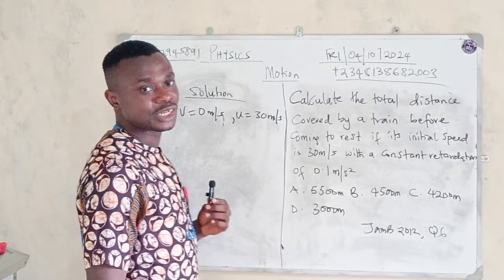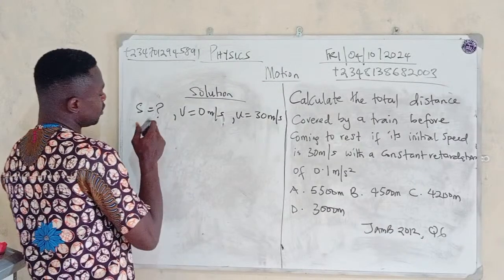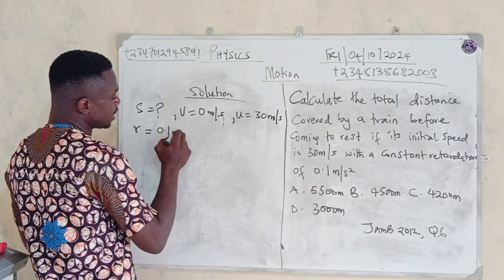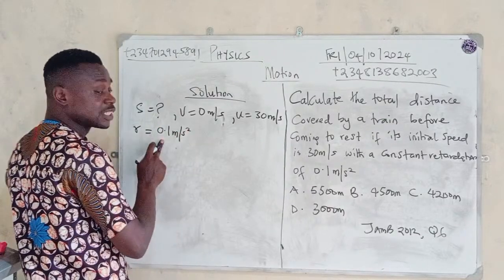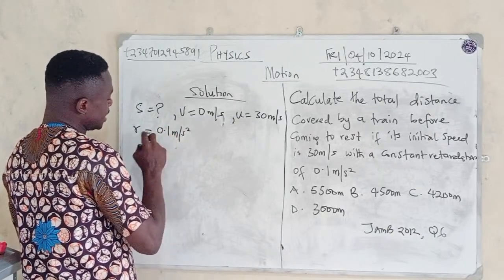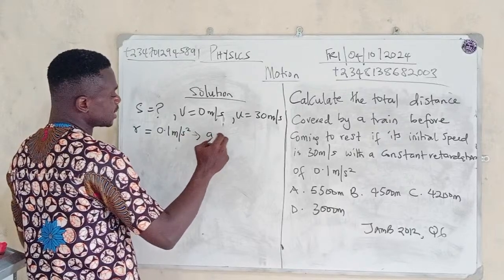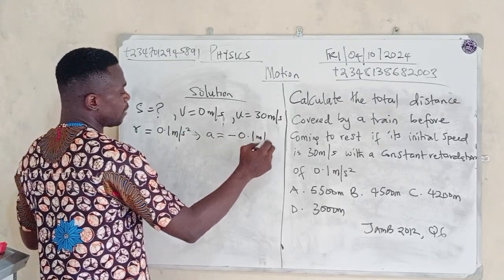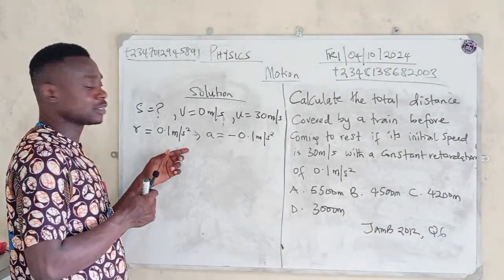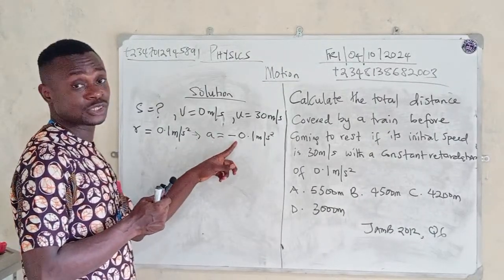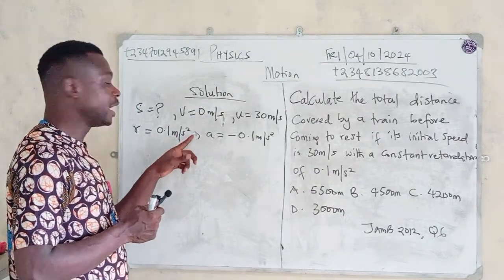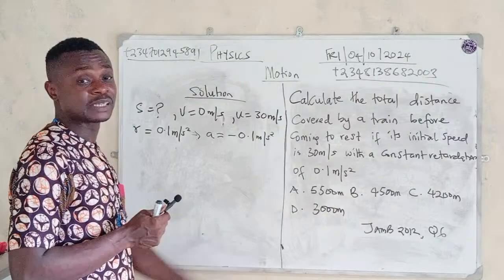So if the retardation is 0.1 meter per second squared, that implies that acceleration is minus 0.1 meter per second squared.